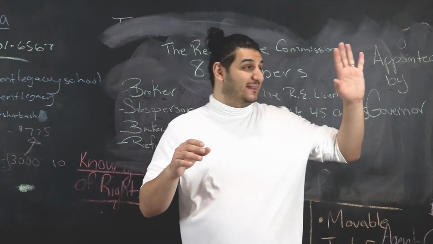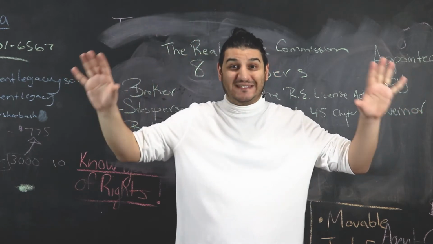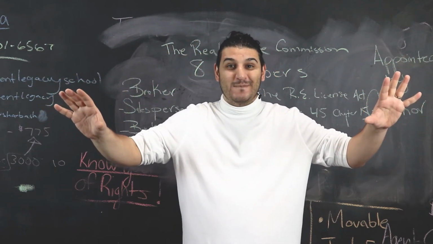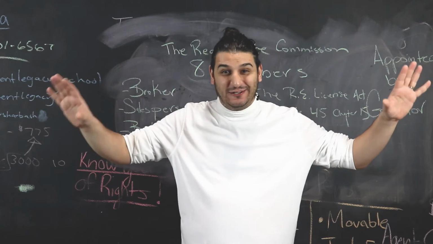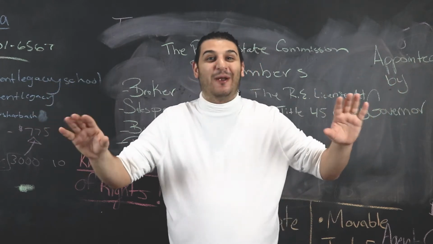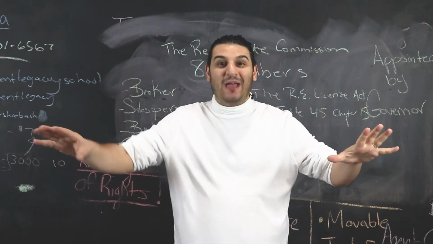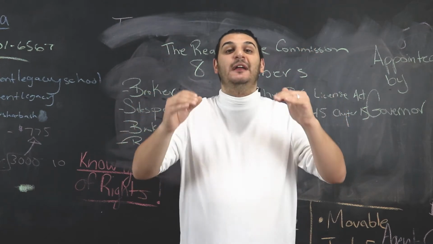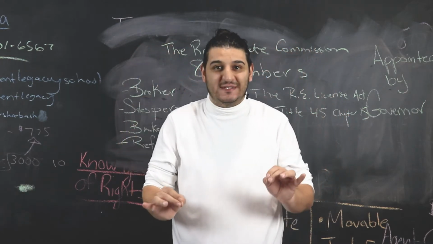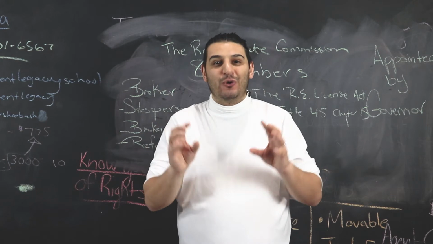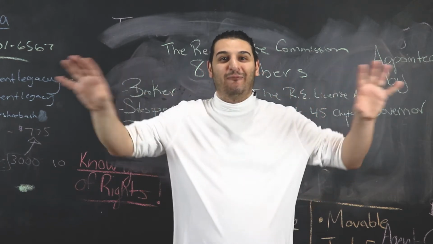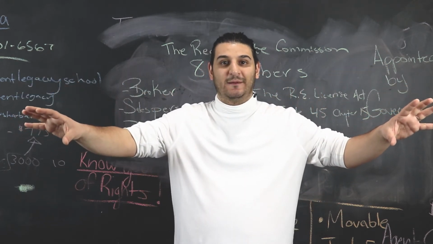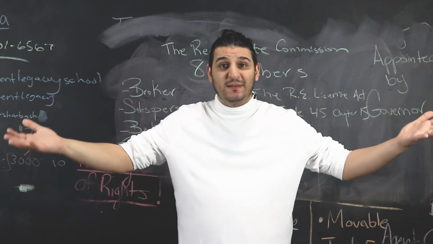So if you want to represent the seller and the buyer in the same house, in some states that's illegal. You can't be an agent representing the seller and the buyer. In New Jersey you can. It's called dual agency as long as you have the written consent of both parties. All right? That's the possibility.